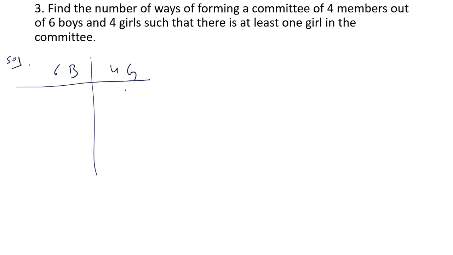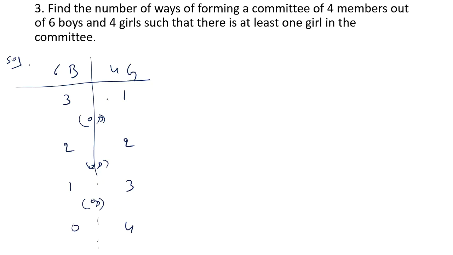At least 1 girl means I can have 1 girl and 3 boys, or I can have 2 girls and 2 boys, or I can have 3 girls and 1 boy, or I can have 4 girls and 0 boys.